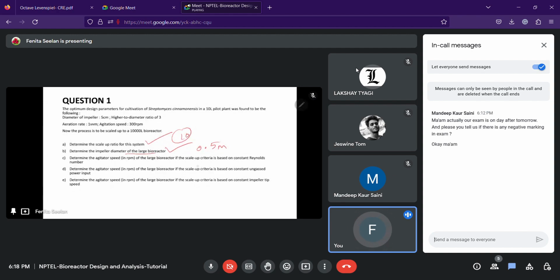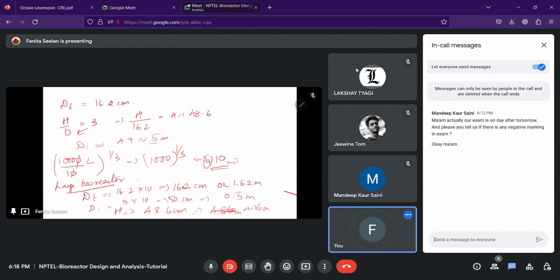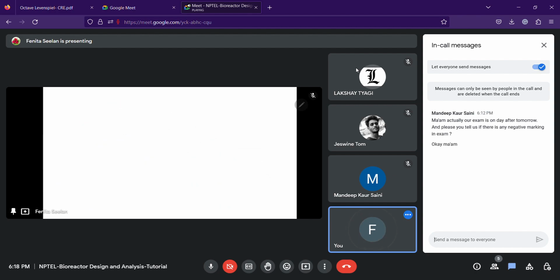So you were asked to determine the agitator speed in terms of RPM for the larger bioreactor. The scale-up criteria is based on constant Reynolds number. So how do you calculate your agitation speed in RPM based on the constant Reynolds number? I hope you remember this. Your Reynolds number is rho n d square by mu, right?